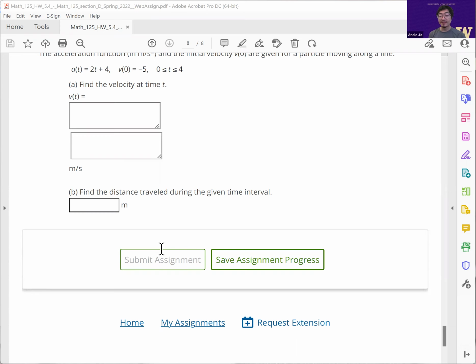But the total distance traveled is the accumulation of the distance you moved, regardless of your direction. So if you move 25 meters east, 85 meters west, then 120 meters east, your total distance traveled should be 85 plus 25 plus 120, which is 230 meters.